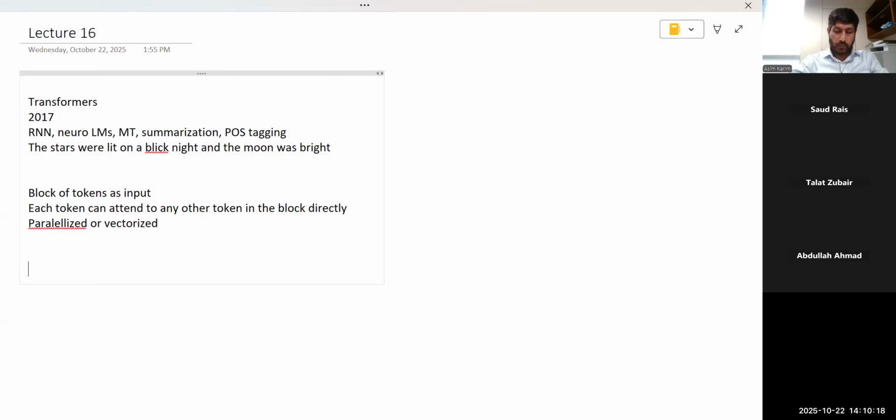So let me start with, let's say, I have input tokens, which are in general vectors x1, x2, x3 to xn. Okay? So this is the block of words that goes into the transformer. And usually these would be embeddings.